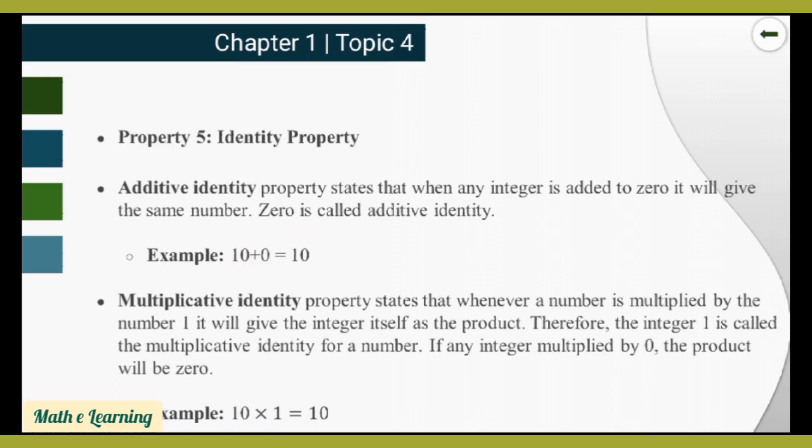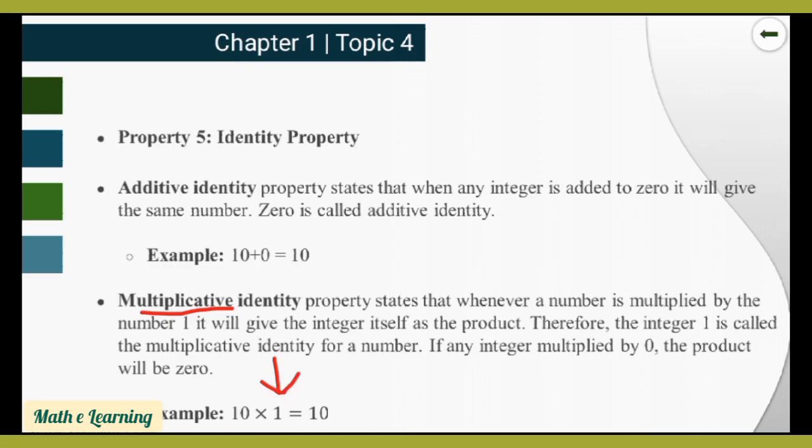Next is multiplicative identity. This property states that whenever a number is multiplied by the number 1, it will give the integer itself as the product. Therefore, the integer 1 is called the multiplicative identity for a number. If any integer is multiplied by 0, the product will be 0.